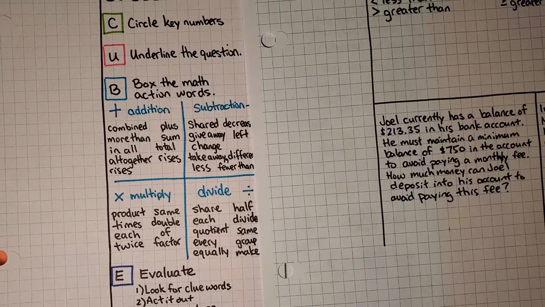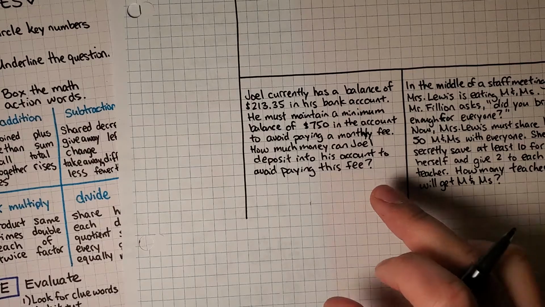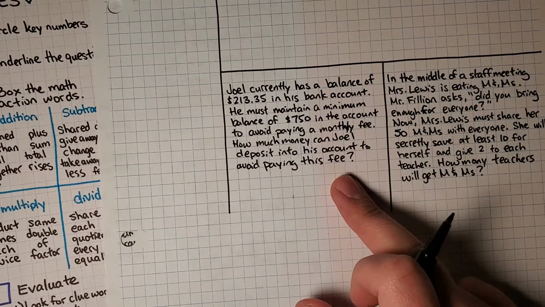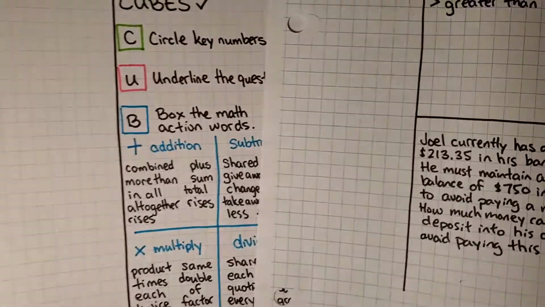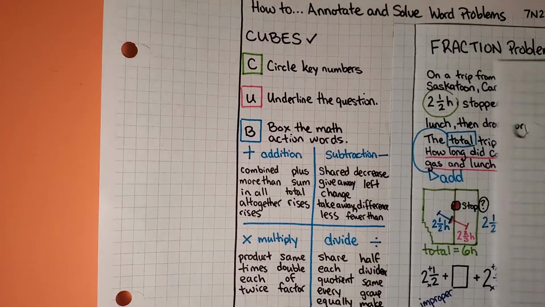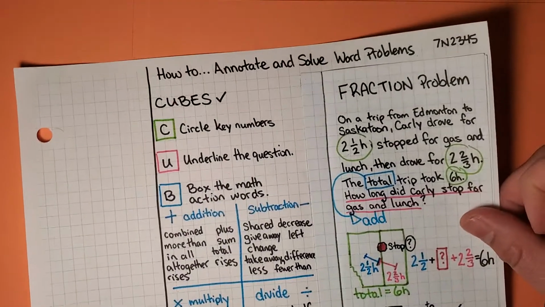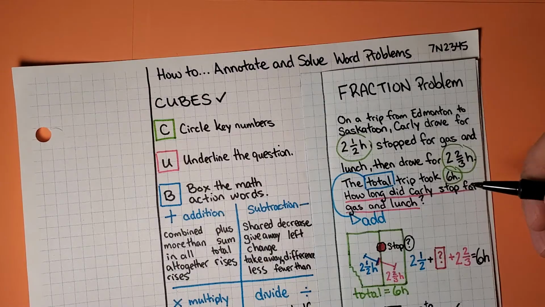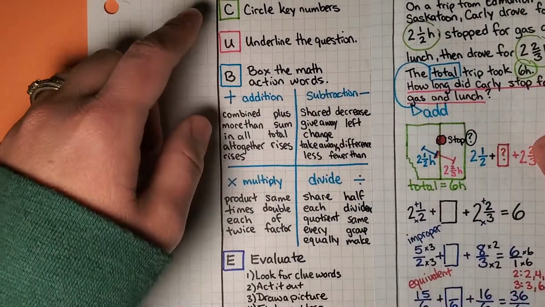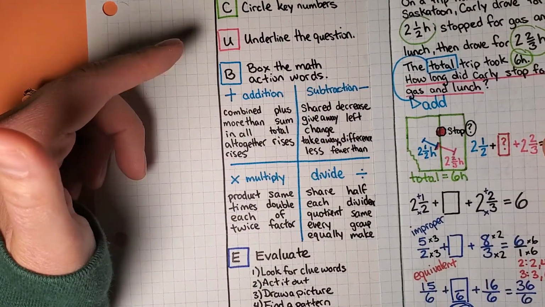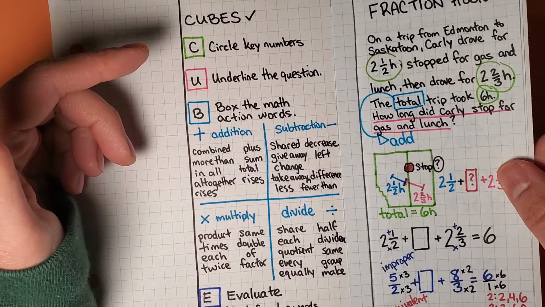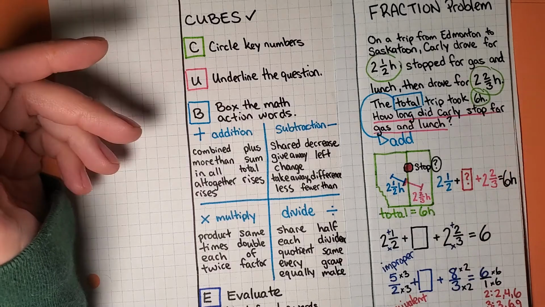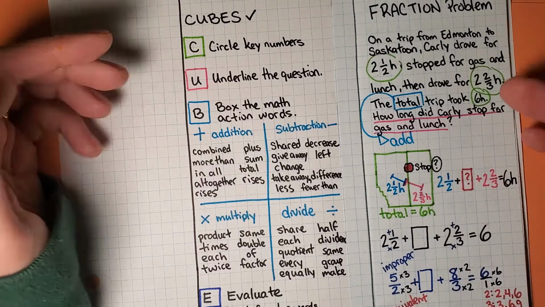number. Now, we will be looking at problem-solving questions, and the way I'm going to approach this is using CUBES check. I gave you a copy of the grade 7's word problem notes, but CUBES check is all about how you would go about finding key numbers, keywords, how to make an equation from the word problem.